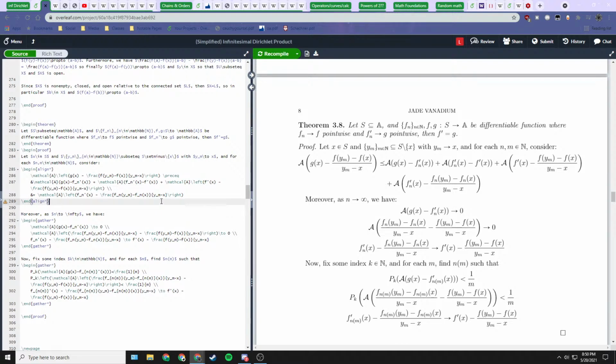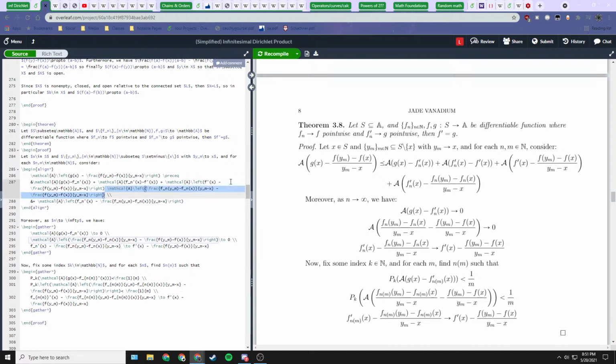So from f sub n prime, we don't need to go to f prime, we need to go to f n, yeah, this fraction.